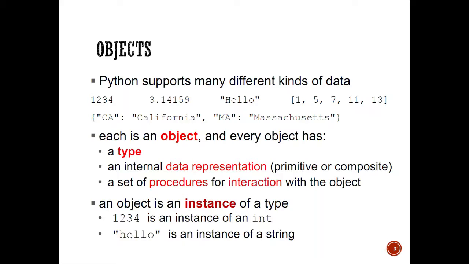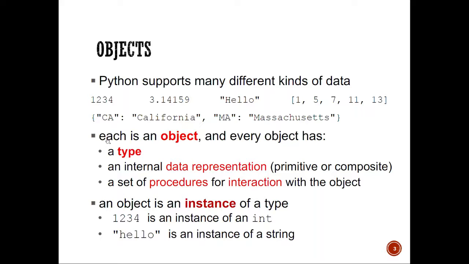So starting off with objects, Python basically supports many different types of data as we have previously seen. We have integers, floats, strings, lists, and dictionaries.